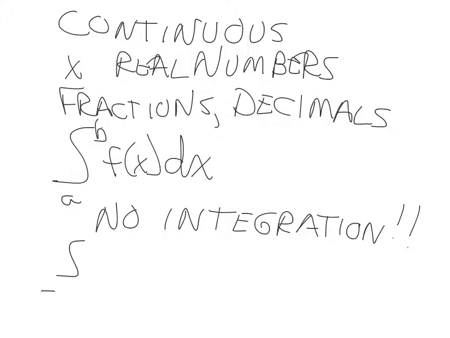Similarly, and again, this is the analog from the discrete, if I integrate across a probability function from negative infinity to infinity, it's going to go to 1. This is like adding up all the values of x. If I integrate across the whole probability function, it goes to 1.